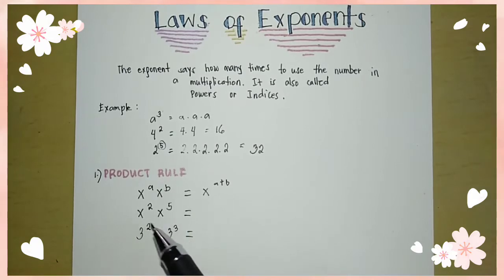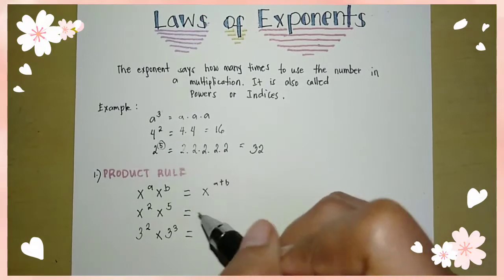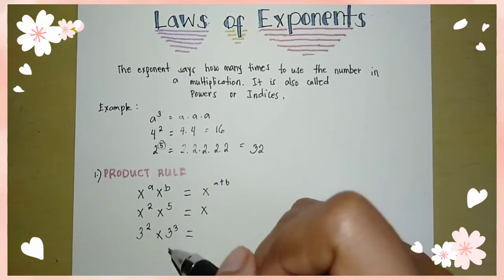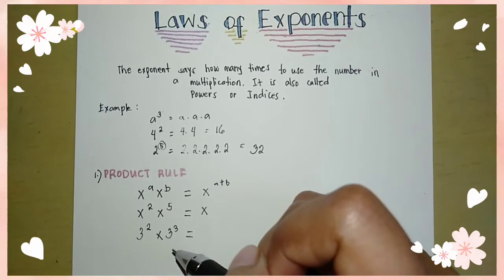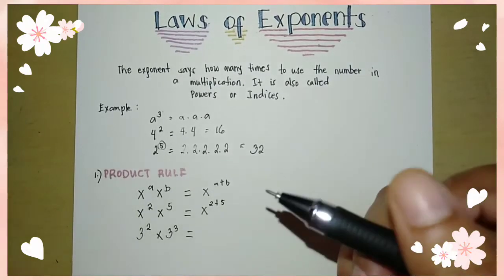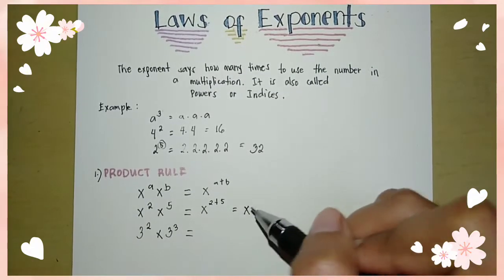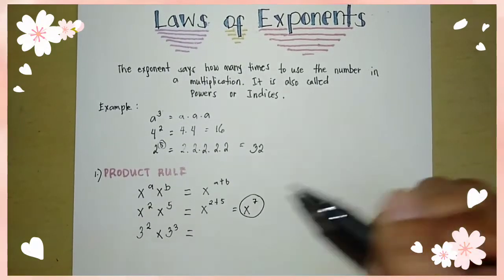And what we are going to do is to just copy the base dahil parehas lang naman silang x as you can see. So, we have x. And then, of course, ang rule niya mismo is kapag magmumultiply ka ng exponential expression is, of course, i-add mo yung exponent. So, we have 2 plus 5, right? Then, the answer will be x raised to 2 plus 5 is equal to 7. And then, yan na siya.